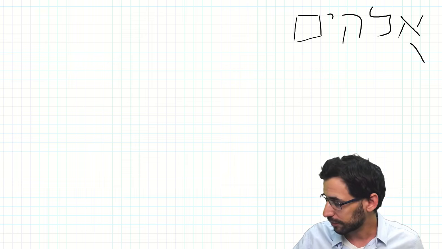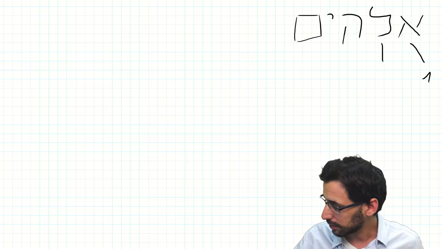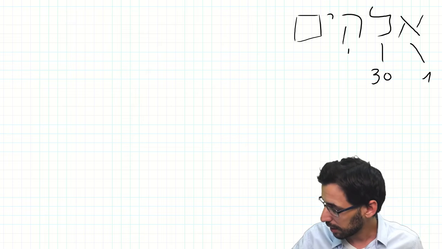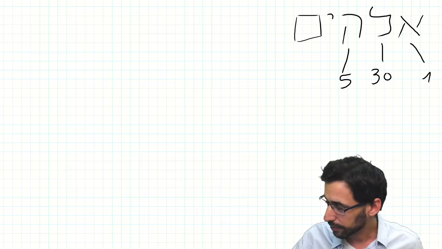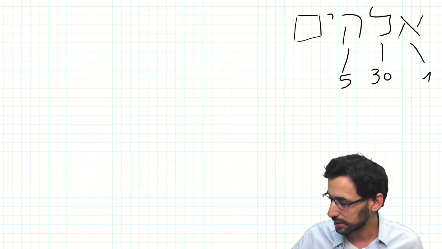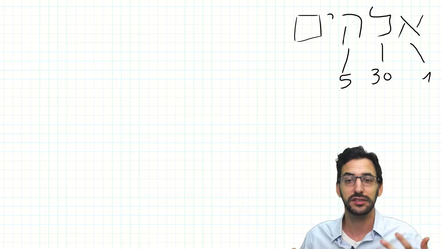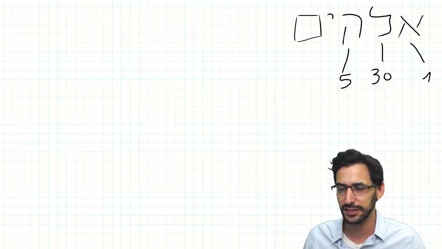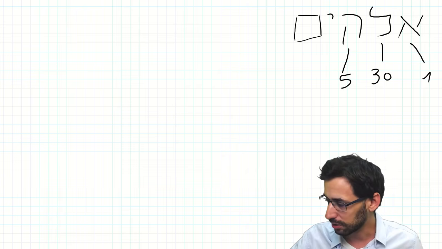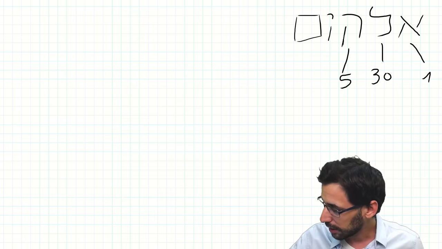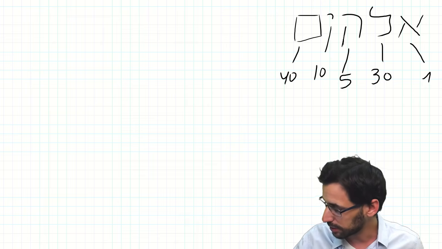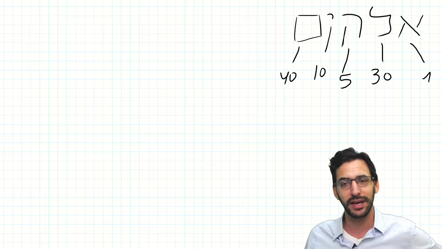So aleph is 1, lamed is 30, hey is 5, yud is 10, and mem is 40. Usually, as a custom, you write the hey a bit longer because hey represents the explicit name of the Creator. Who's quick at maths?